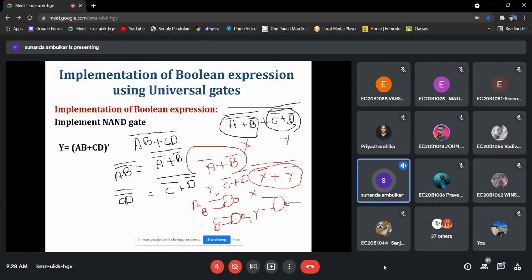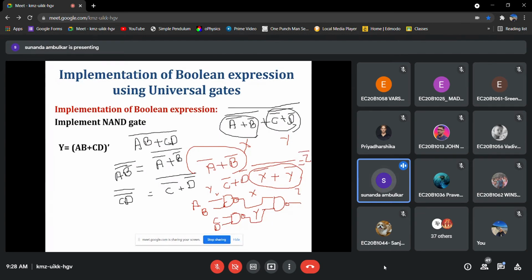Now the ultimate expression is x bar plus y bar up to this. Suppose this is z, so the final expression is z bar.